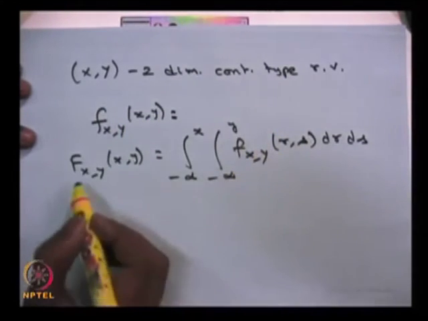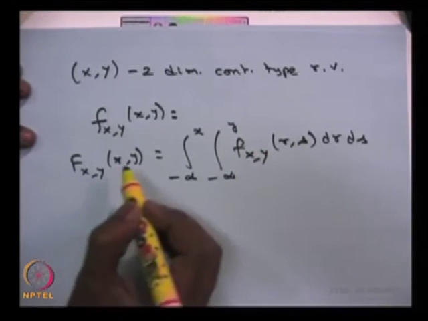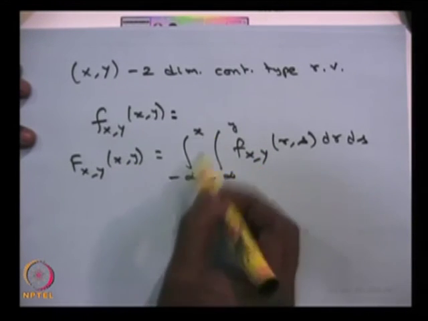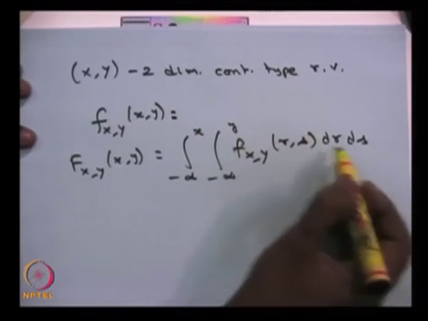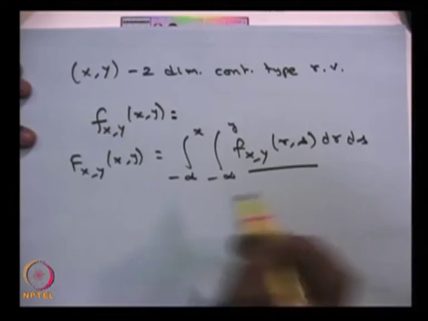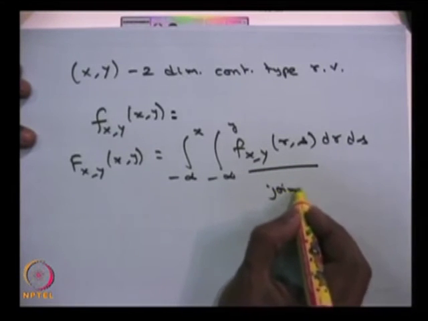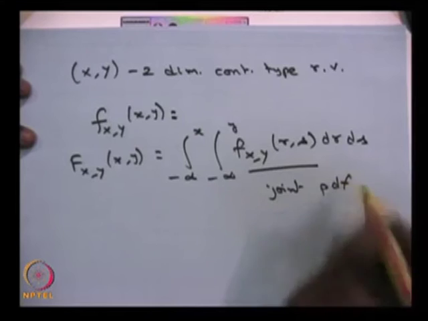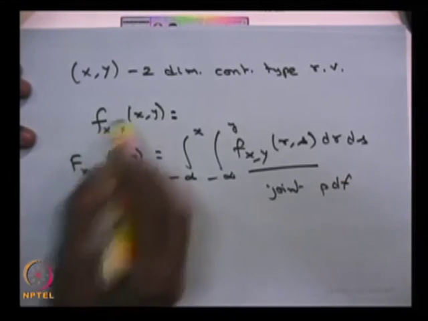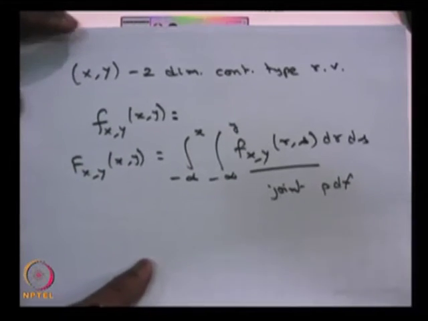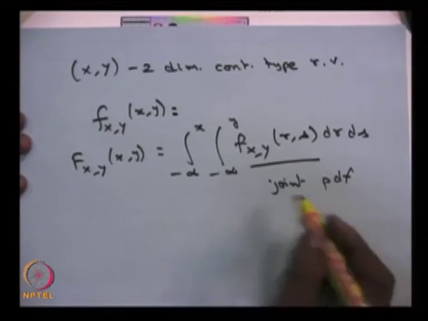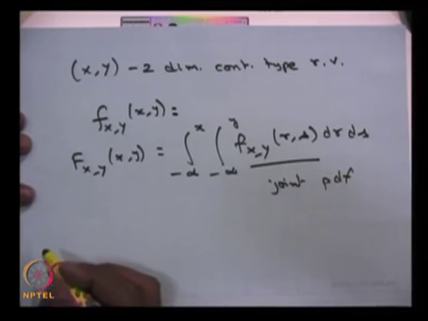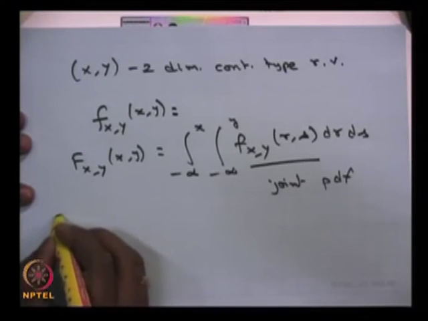And you can write the left hand side continuous function in x and y in the form of integration from minus infinity to x and minus infinity to y of this integrand dr ds, whereas this function is going to be called the joint probability density function for the random variable x comma y. So there is a relation between the joint probability density function and the CDF. I can give a few examples.